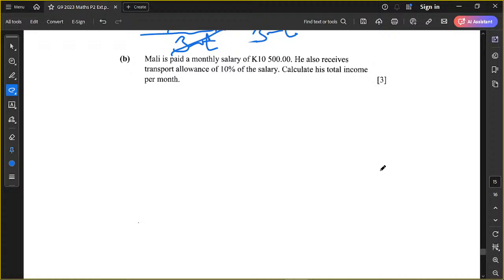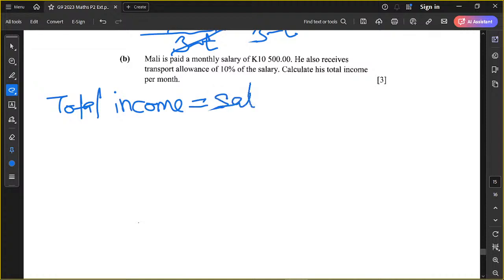Okay, so total income is equal to the monthly salary, so it's a salary, plus transport allowance of 10%, which is allowance.